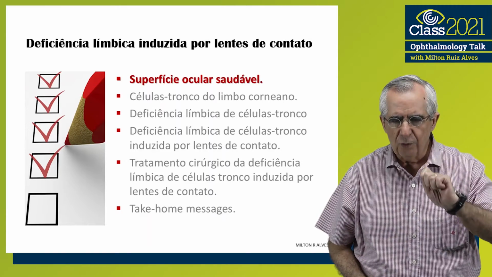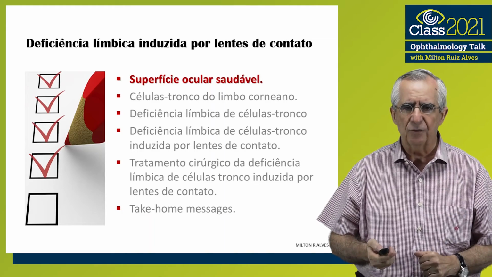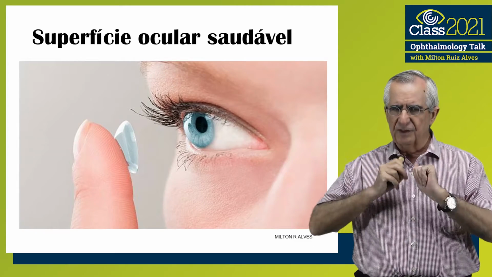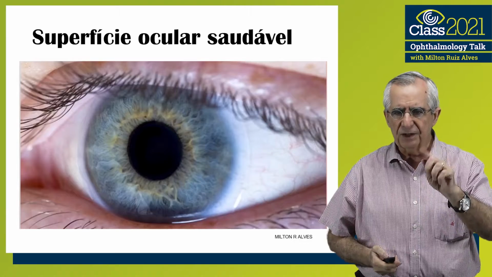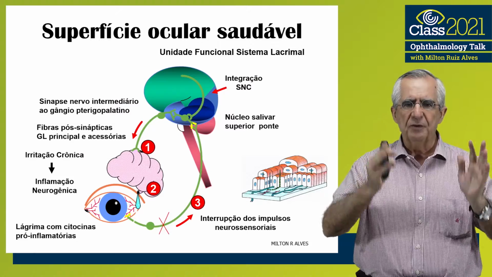We will highlight some important aspects that are related to a healthy ocular surface. Let's start by saying that the contact lens wearer, whether soft or hard contact lenses, needs to keep the lacrimal functional unit intact to maintain a healthy eye surface.